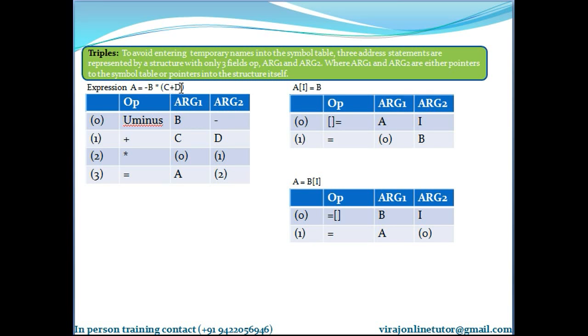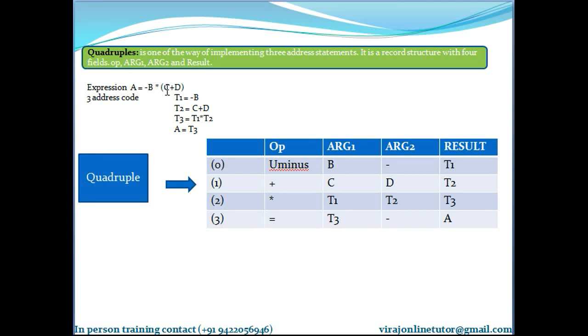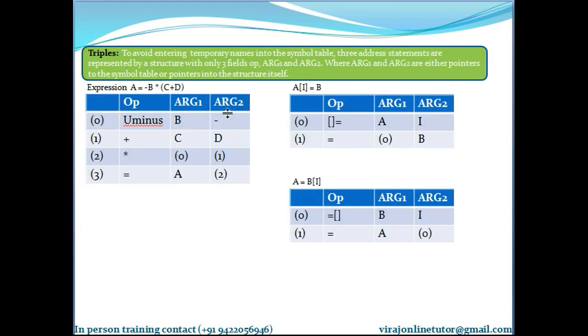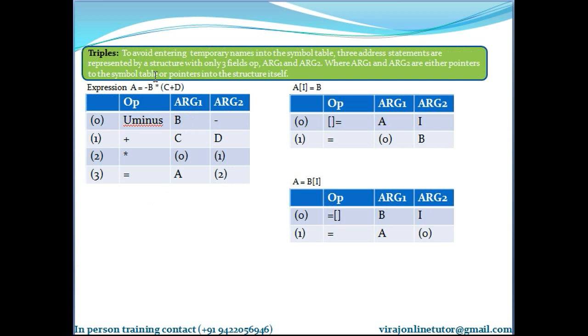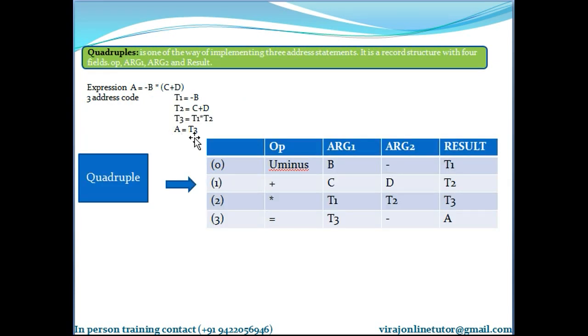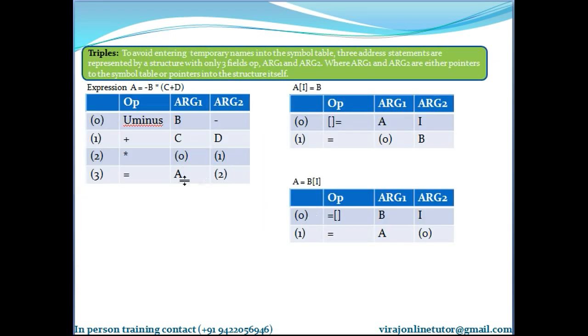So for the same example, A is equal to minus B into C plus D, I have a triple now. Instead of a quadruple, I am having a triple now.